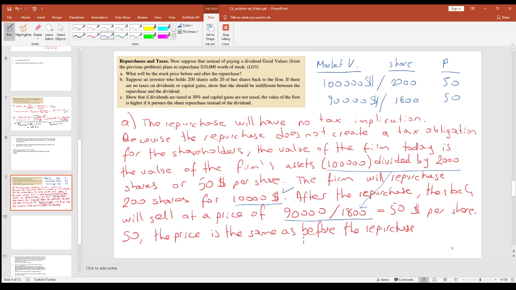At the first alternative, it may cancel the shares. The second alternative, they may restore them in the company balance sheet as treasury stock.